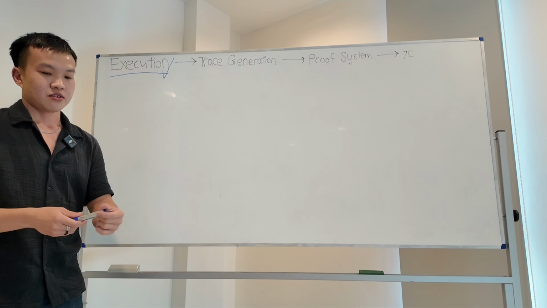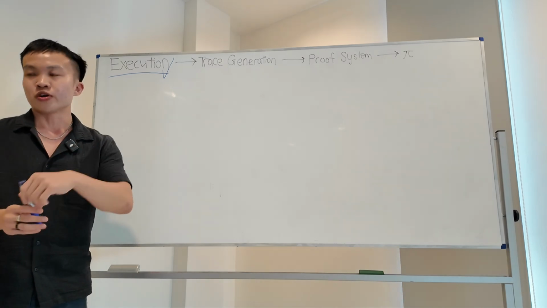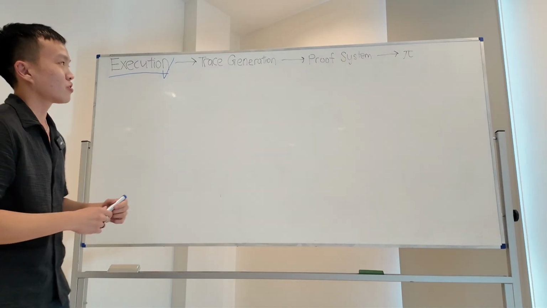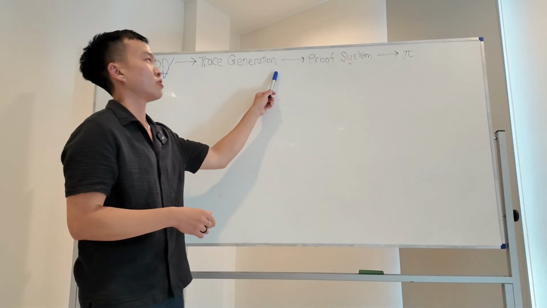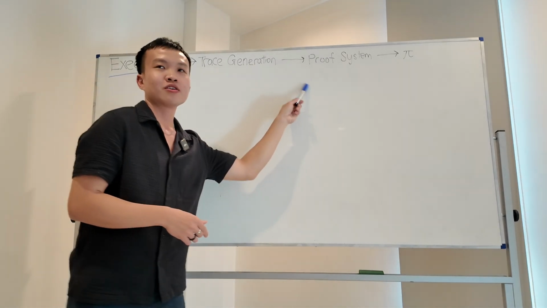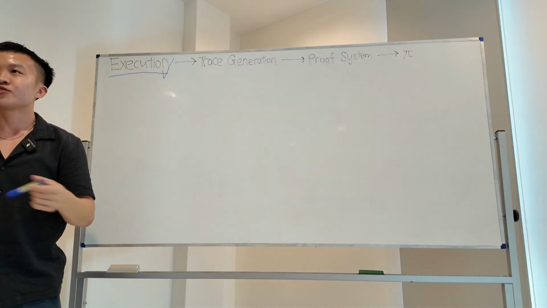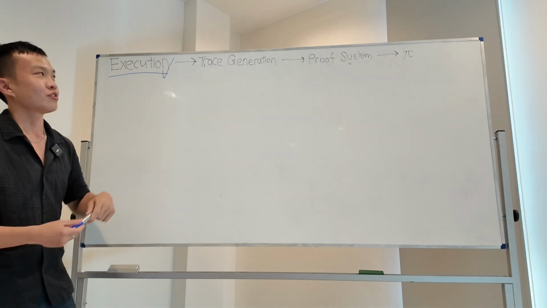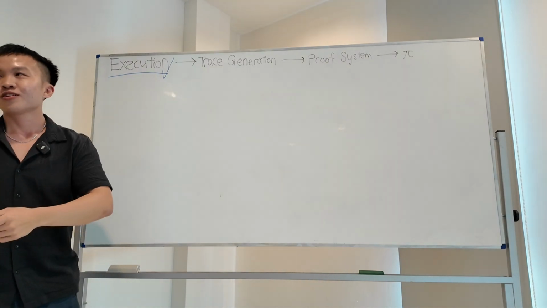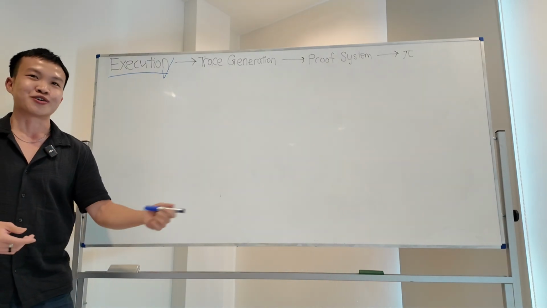But before we talk about storing it, we have to talk about the link between trace generation and the proof system. Depending on the proof system that we're using, we have to generate the trace in some manner that the proof system is able to prove later on.